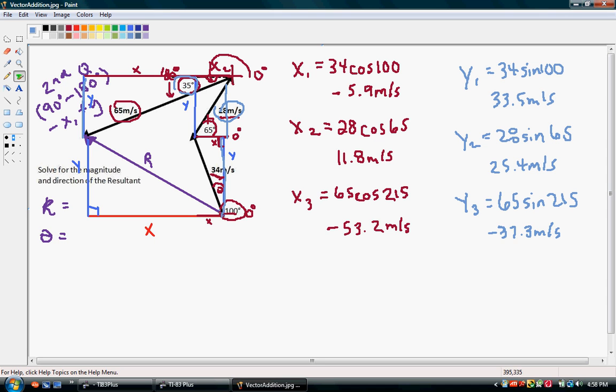So now we have all of the x components. So we know how far over this vector went to the left, how far over this one went to the right, and then this large one over to the left. And when we add those all together, it will give us how far over to the left our resultant went. So we can add negative 5.9, 11.8, and negative 53.2 to get our x total.